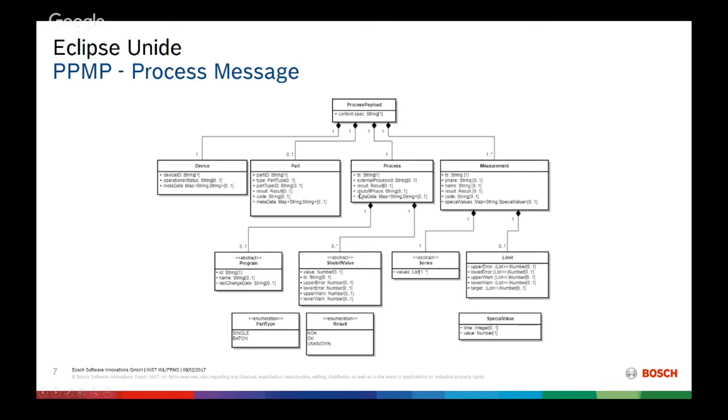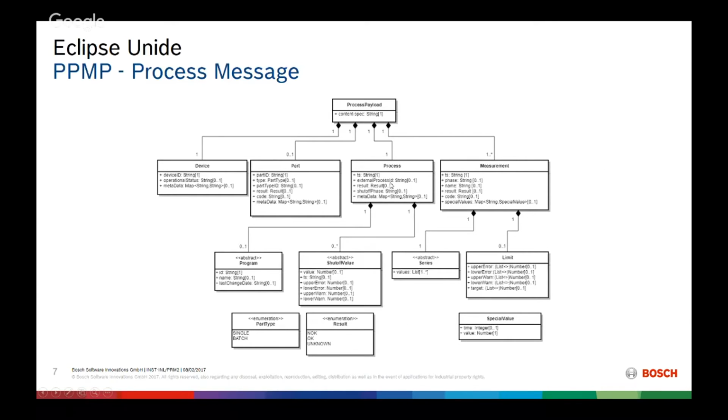What is the most important thing of the process message is the process object itself. Therefore, you can set a start timestamp of the process, and you have to set it because this is required in the process. You can set an external process ID.